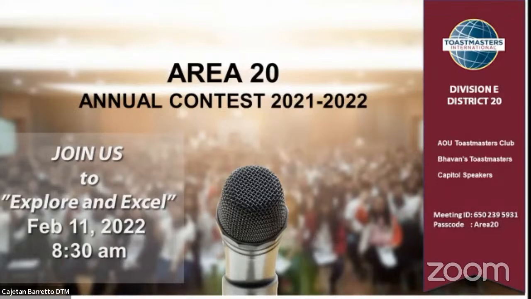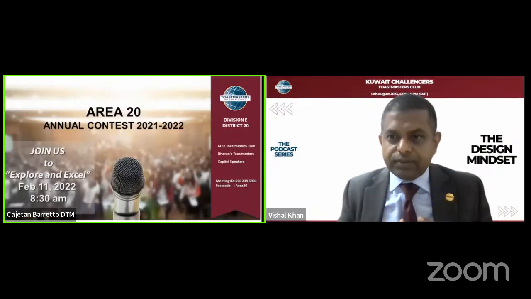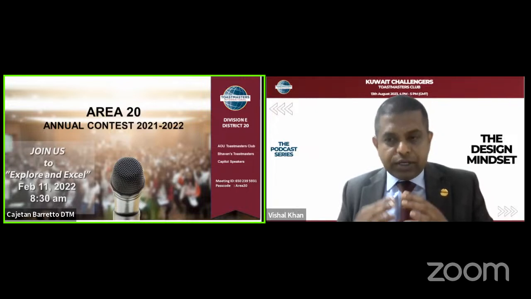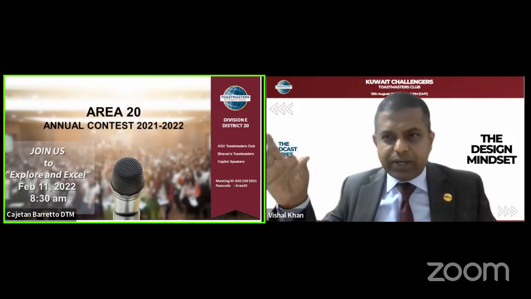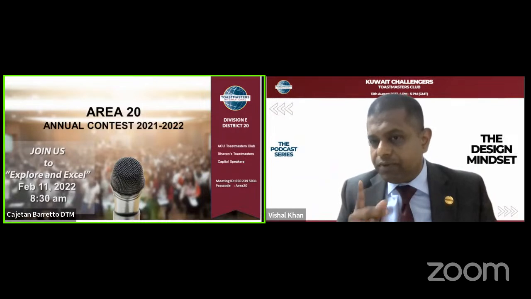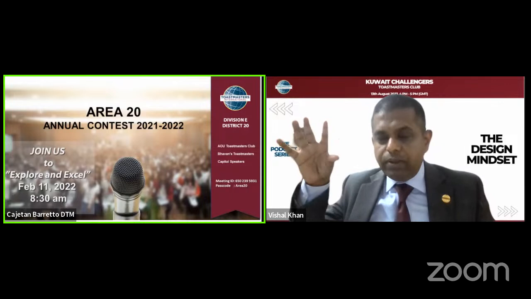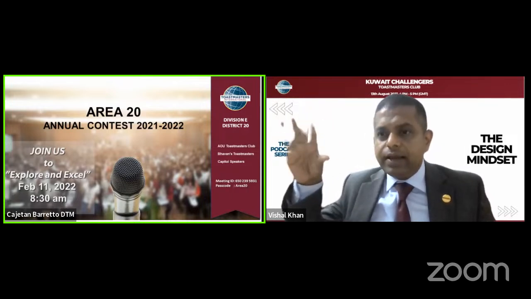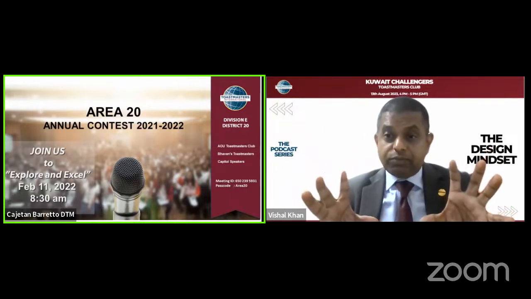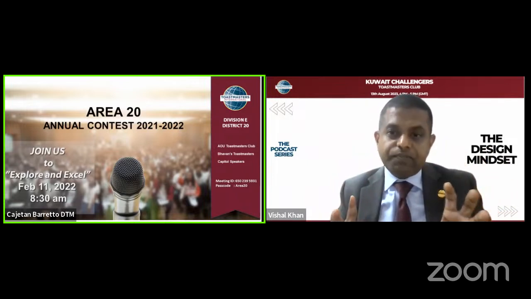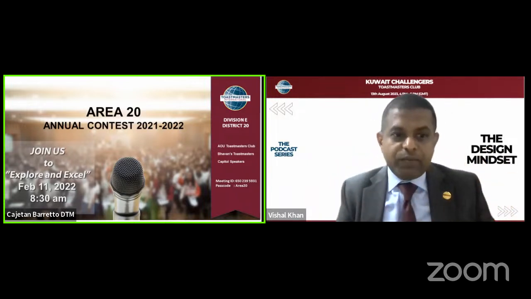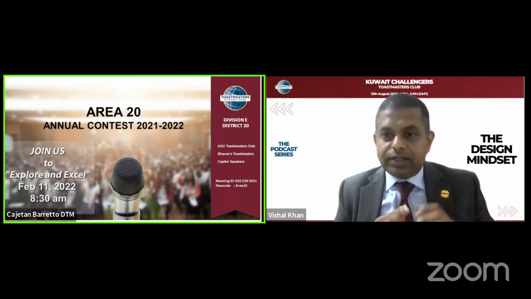Of course, since we see Toastmaster logos so often, we pretty much see that the Toastmaster event is there. But look at it from the perspective of a non-Toastmaster. He will immediately look at the globe and the Toastmaster blue, and then the Area 20, which immediately catches your attention, and then join us, which is the second message, to join this contest or join us to witness this contest.